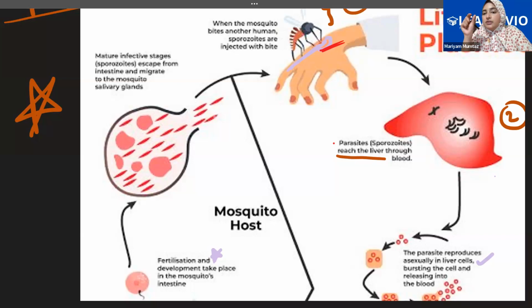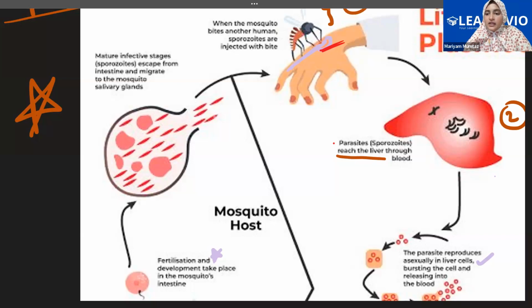Now it will go into the salivary glands of the mosquito. That is the reason why whenever a mosquito bites another healthy human, it transmits the sporozoites from its salivary glands.